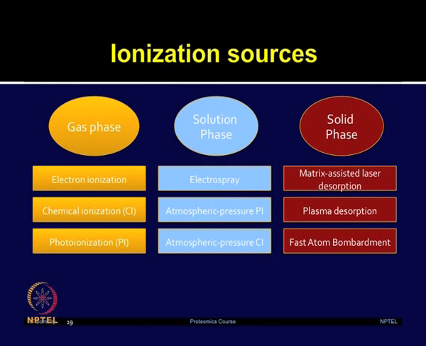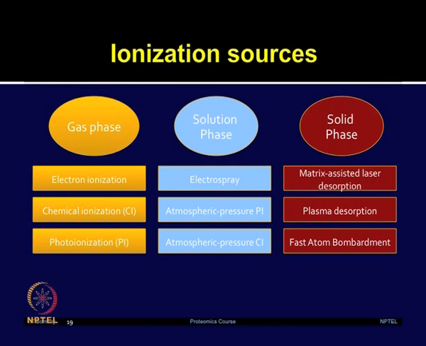In the previous lecture, when we talked about basic concepts and an overview of the different types of procedures involved, I gave you a list of various types of ionization techniques available. We also discussed that soft ionization techniques are required for proteomic applications.